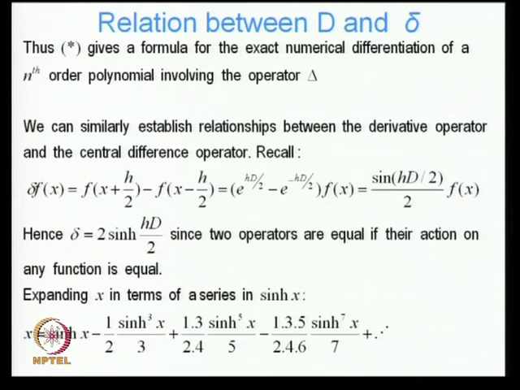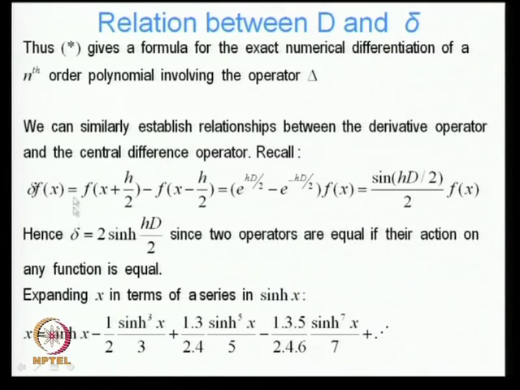So, operator calculus tells me that the central difference operator operating on f of x is equal to sine hyperbolic of the differential operator by 2 divided by 2 operating on f of x. Hence del is equal to 2 sine hyperbolic h D by 2, since two operators are equal if their action on a function gives the same result.